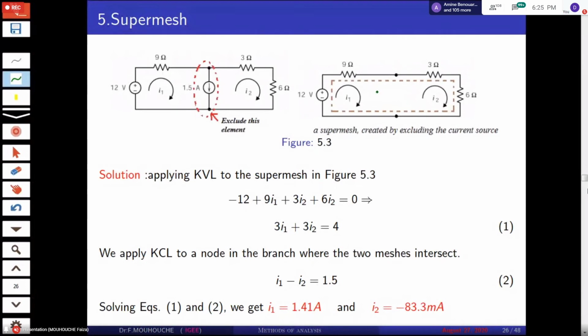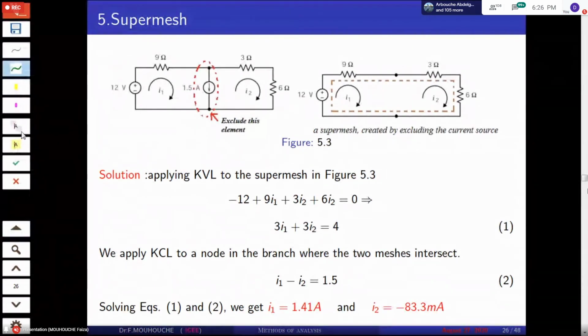So, applying Kirchhoff's voltage law to the super mesh in this figure, we calculate directly. Just one minute, I will write the equation to be clear for you.